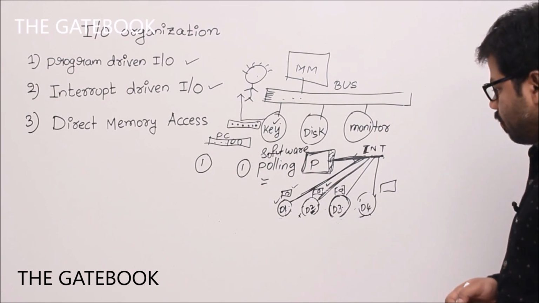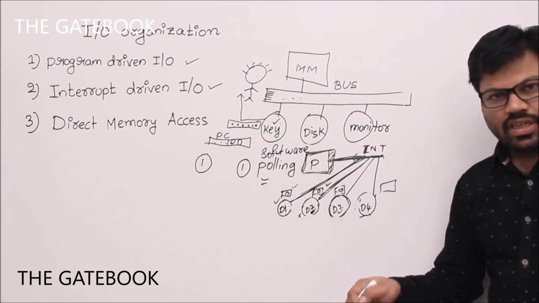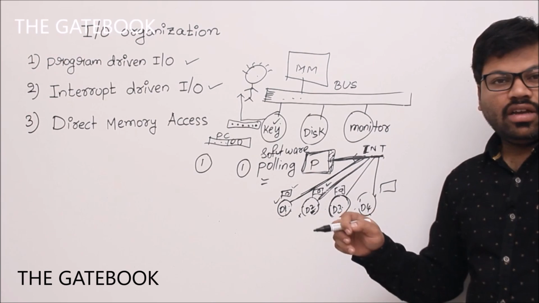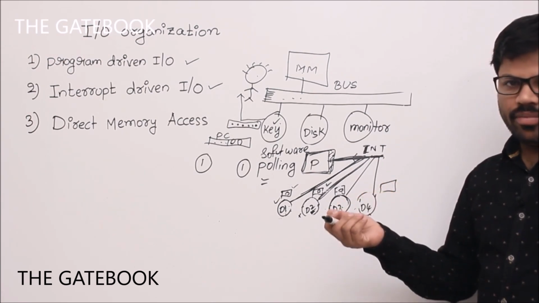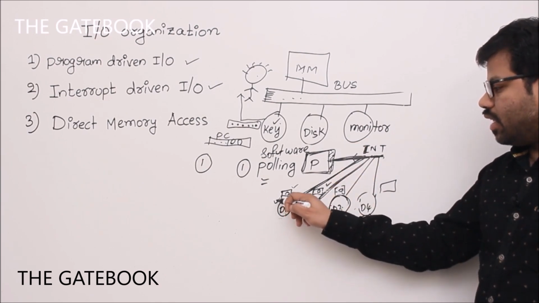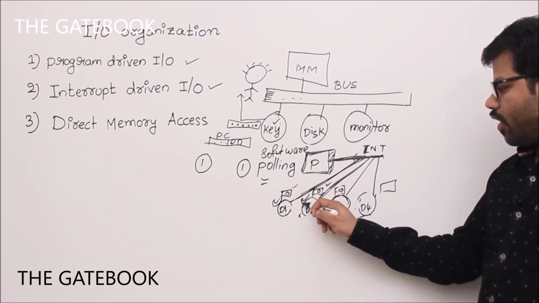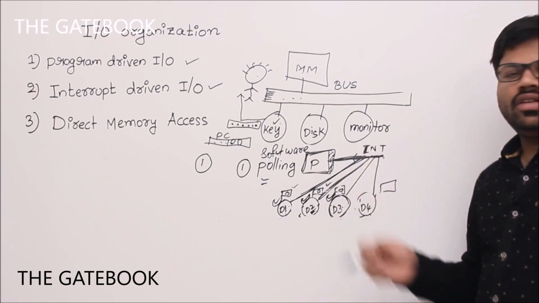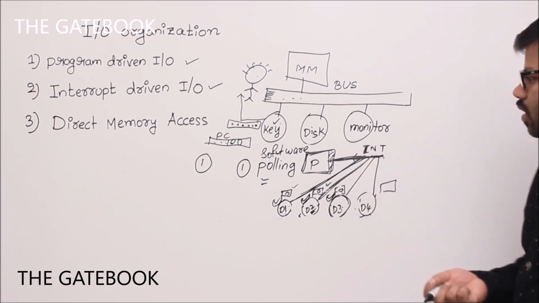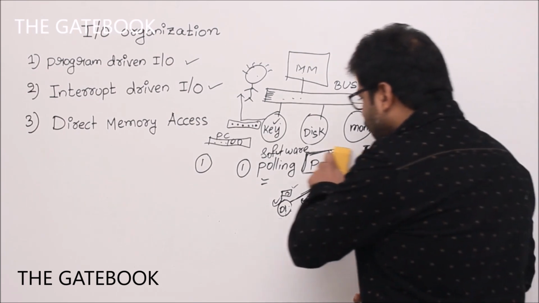Now the problem with this software polling is, you are unnecessarily wasting the processor's valuable resources, correct? That means time. Unnecessarily the processor is busy a lot of times questioning d1 d2 d3, right? So that's why this polling unnecessarily wastes time. Okay, so we have another alternative.